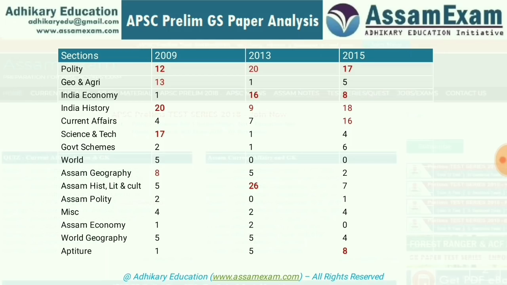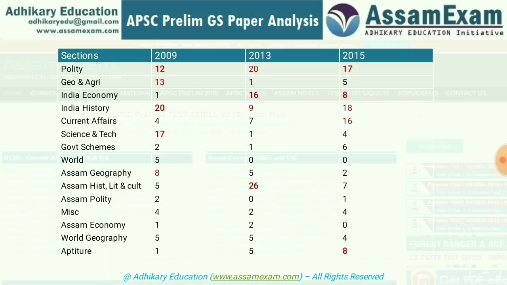Most of the time, not only in APSC but in any exam, Indian history is a very important section. Then current affairs, okay, it is 4, it was very less. Science and technology was 17, quite high. Then others are very less. Then Assam geography, you can see 8.